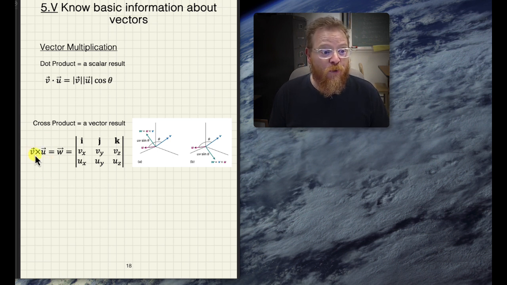So V cross U will go as the following, with the V's above the U's in the matrix. So we're first going to start with unit vector I. And when I start with unit vector I here, I'm going to make a diagonal and go to Vy.